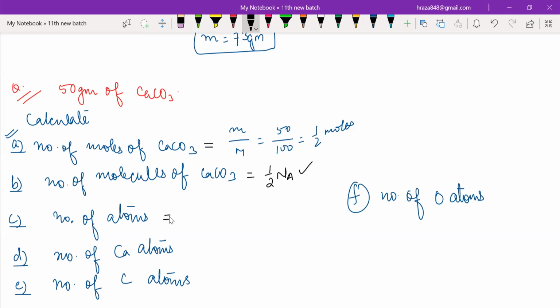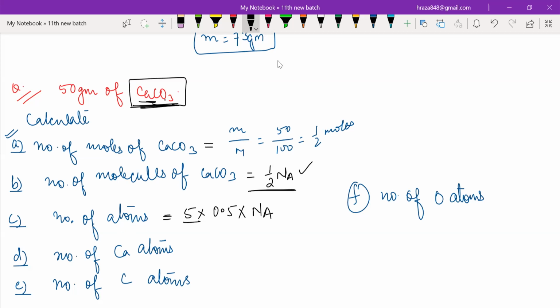How many number of atoms in total molecules? So you can see total number of atoms is 5. And what is the number of molecules? 0.5 into Na. Are you getting my point? In one molecule, it is basically 5 atoms. So in half molecules, you can see 5 into 0.5 Na.